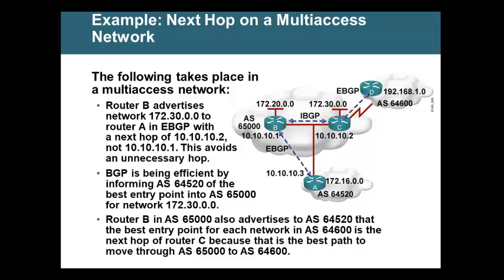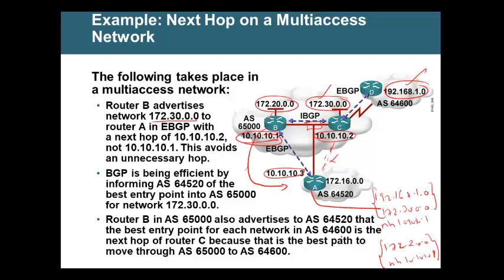I forgot to record for some time. So router B understands that A, C, and B are all in the same subnet. So when it receives an update from C, 10.10.10.2, yes or no? This will be received with 10.10.10.2. Even this will be received as 10.10.10.2, isn't it? These two.